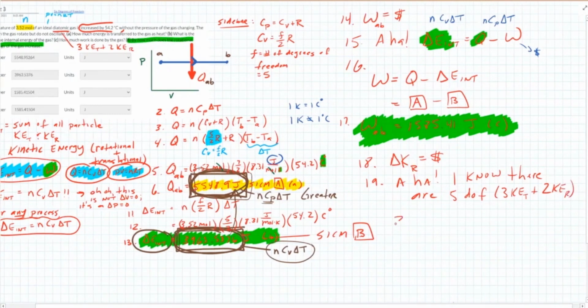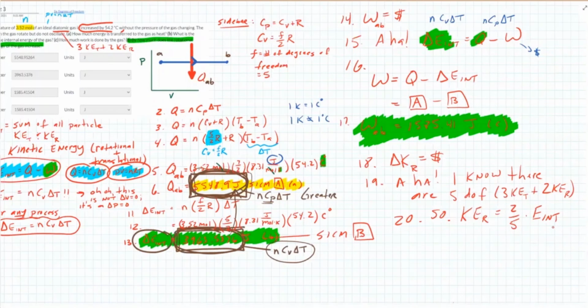So you know what that means, number 20. The rotational kinetic energy is basically 2/5 of the internal energy. If I have a diatomic molecule, then 2/5 of its kinetic energy is rotational kinetic energy.